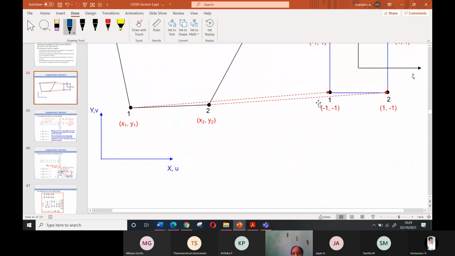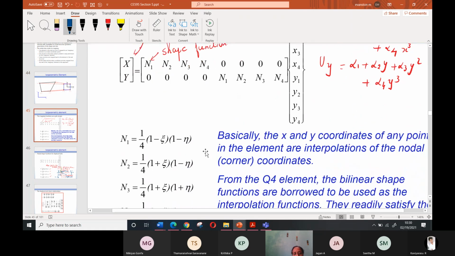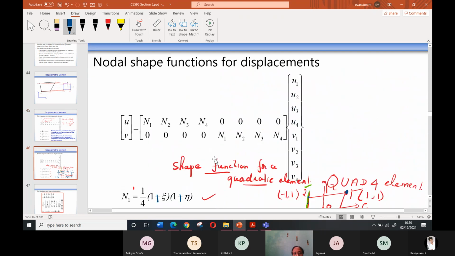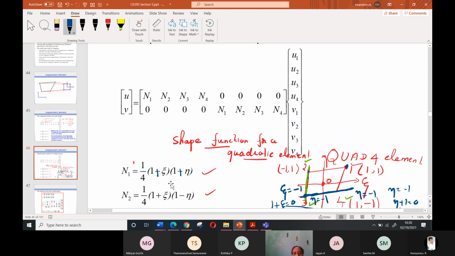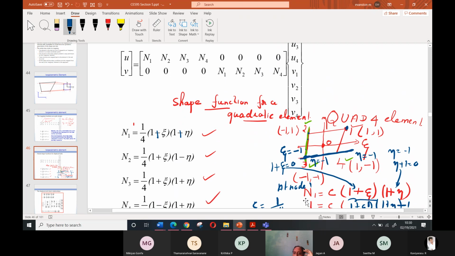If I take this one as node 1, I will get this as N1. So don't get confused. You draw this diagram, mark the ordinates of that one. And for node 1, what you are getting is c is equal to 1 plus xi into 1 plus eta.